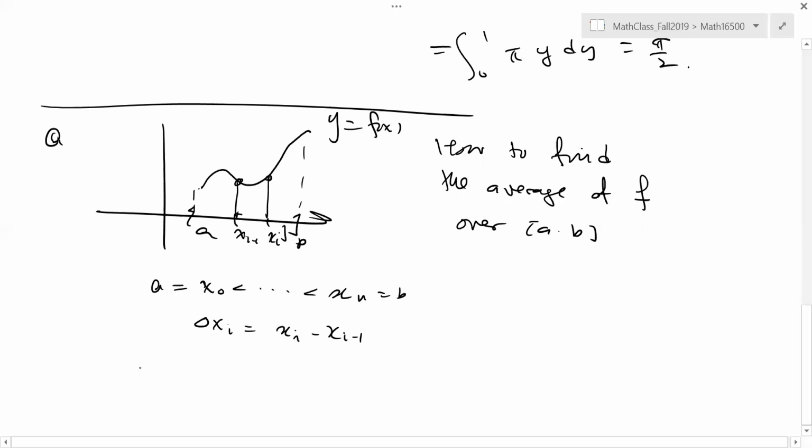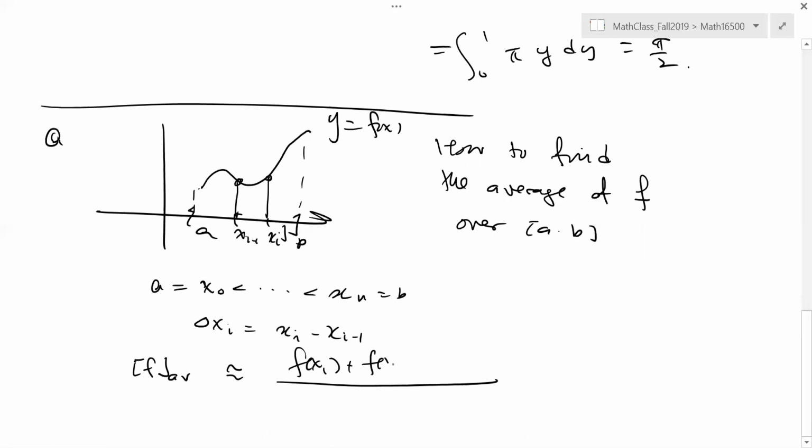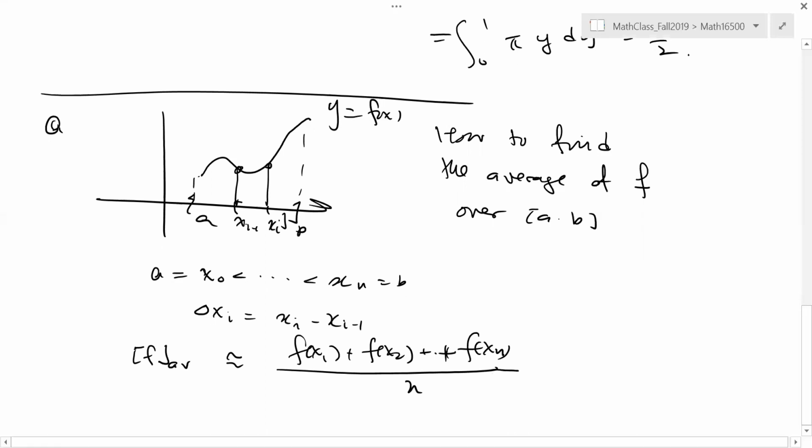So the average value we denote by this should be almost equal to the average of those numbers, the sum divided by n. Do you agree?